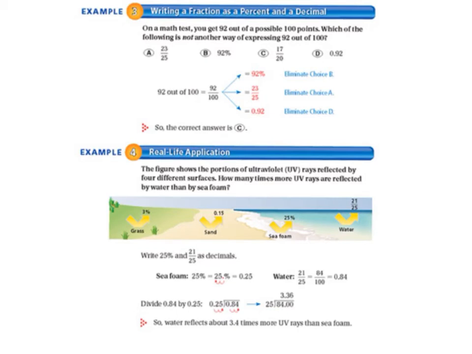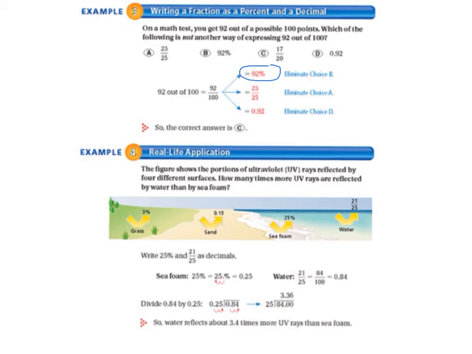So ignore the choices for a moment, and it says 92 out of 100 equals 92%, so 92 over 100 equals 92% at the top. 23 out of 25, so here they divided by 4.